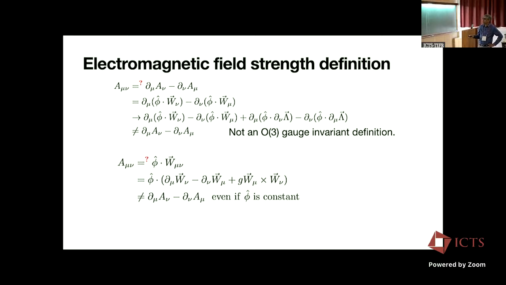Even if you choose the case where phi hat is just a constant, this is not equal to d_mu A_nu minus d_nu A_mu. So somehow the usual Maxwell B equals curl A is not holding in this case. What you would like is a gauge invariant definition of the field strength, but one that reduces to the Maxwell formula in the case where phi hat is a constant.